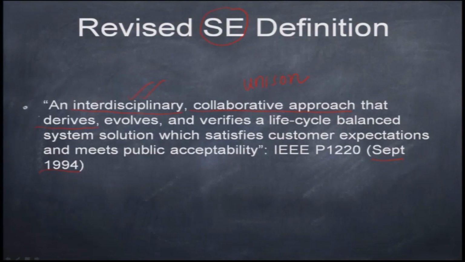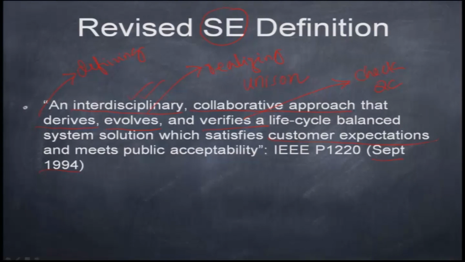Derives is the point at which you are defining the parameters, and evolves is how you are realizing the parameters, and verifies is where you can think of it as a check or quality control, something like that, of the life cycle based system. We are not talking about a product, we are talking about a system solution that satisfies the customer expectation.